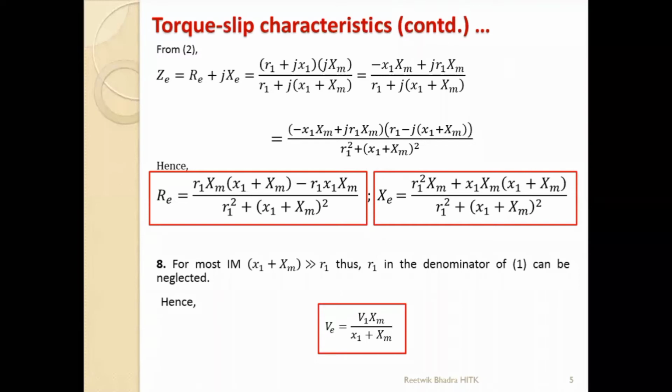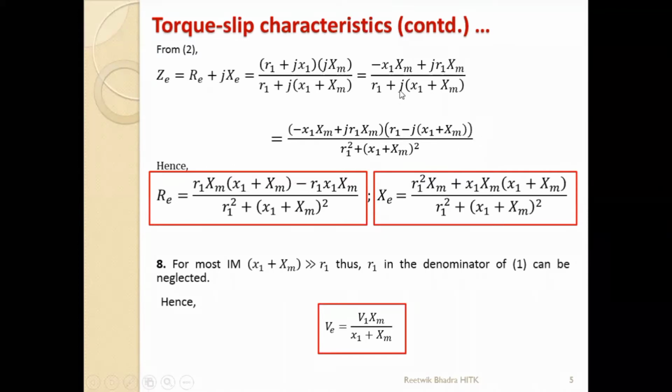Okay, so we'll get that formula R1 plus J(X1 plus XM) into R1 minus J(X1 plus XM). So what we'll get? R1 square plus (X1 plus XM) square. J square is minus 1, and since we are multiplying A plus JB into A minus JB, J square is minus 1 and plus into minus is minus, so minus minus becomes plus automatically. So we are multiplying this one, R1 minus J(X1 plus XM), in the numerator and denominator.